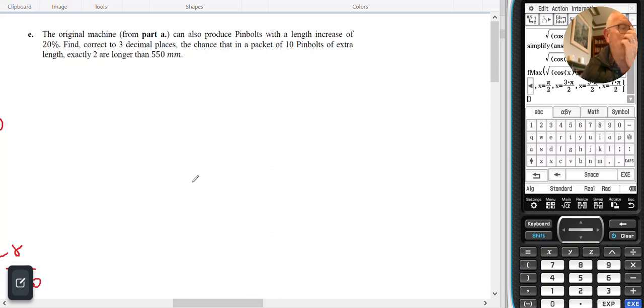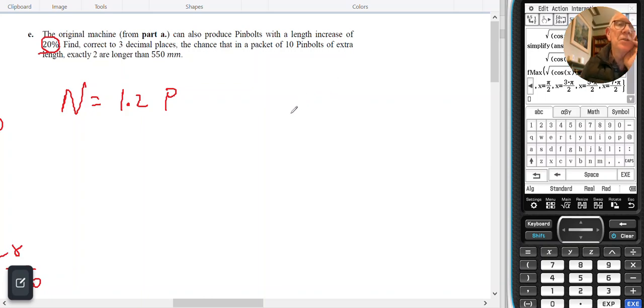And looking at part E, the original machine can also produce pin bolts with a length increase of 20%. So the new length will be 1.2 times the old length, which was P. Find the chance of a packet of 10.